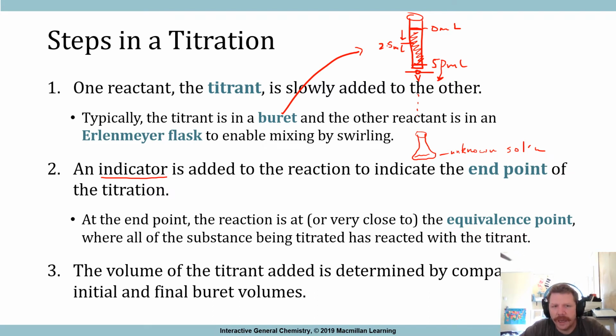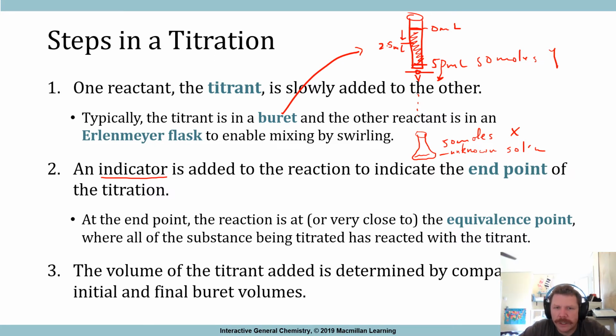At the end point, the reaction is at or very close to the equivalence point, where all of the substance being titrated has reacted with the titrant. So what that means is if you have 50 moles of X, then you would see a color change when you've added 50 moles of Y. So you're trying to get these things to balance out.